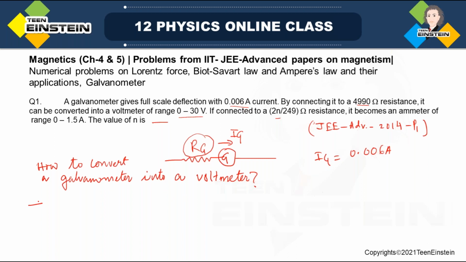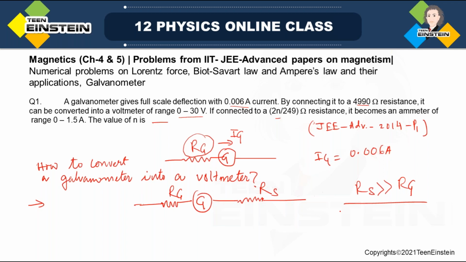See, a galvanometer can be converted into a voltmeter if we connect a very high resistance in series, RS, a very high resistance, that means RS is much greater than RG.